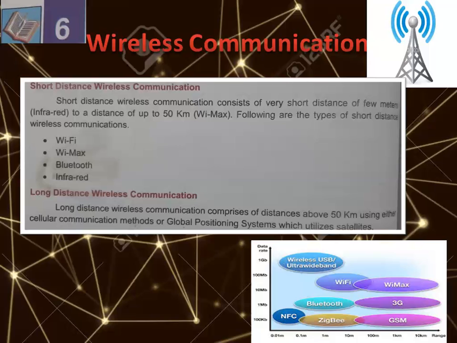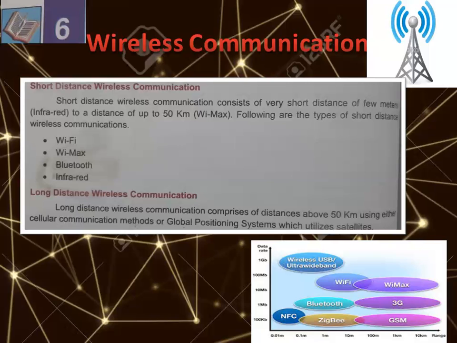Then we have long distance wireless communication. Long distance wireless communication comprises distances above 50 kilometers, using either cellular communication methods or the global positioning system, which utilize satellites. So we have two types of communication: short and long distance wireless communication.